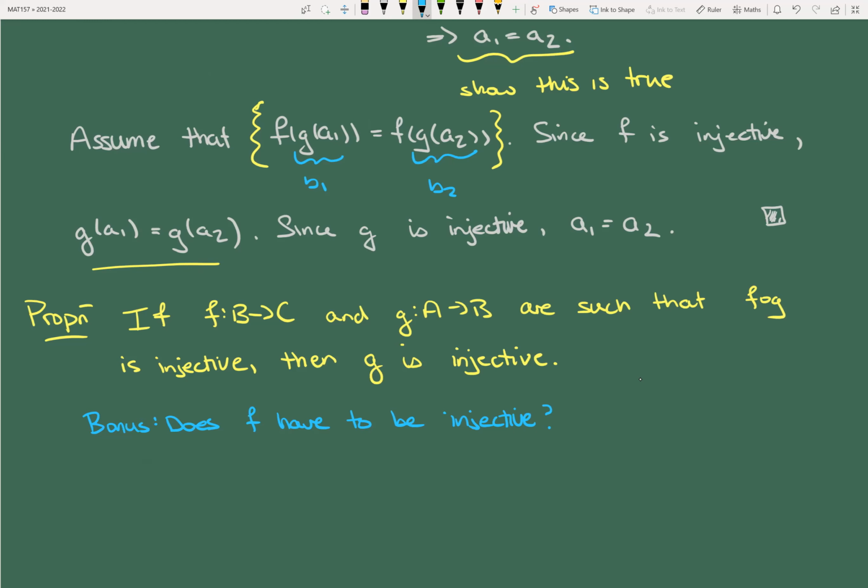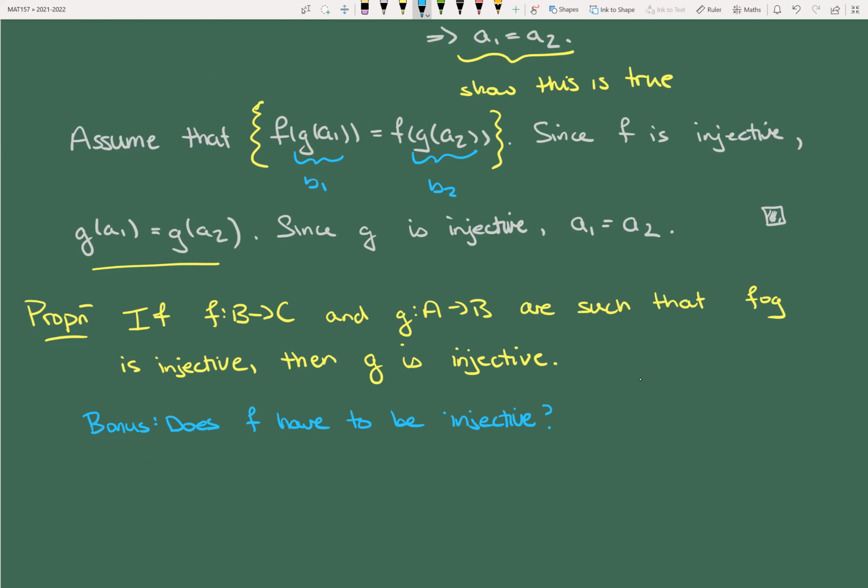But let's try this. Notice how this is different than the previous question. In the previous question, we assumed that the functions themselves were injective and wanted to show that when we combined them, the combined thing was injective as well. Now we're doing almost the opposite. We're assuming that combined they're injective.